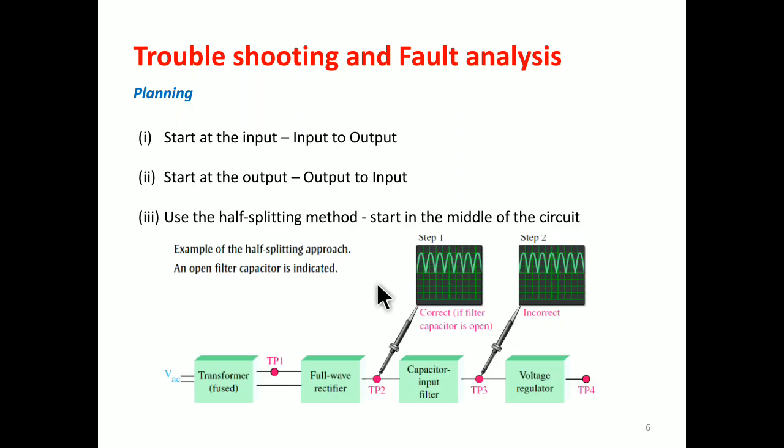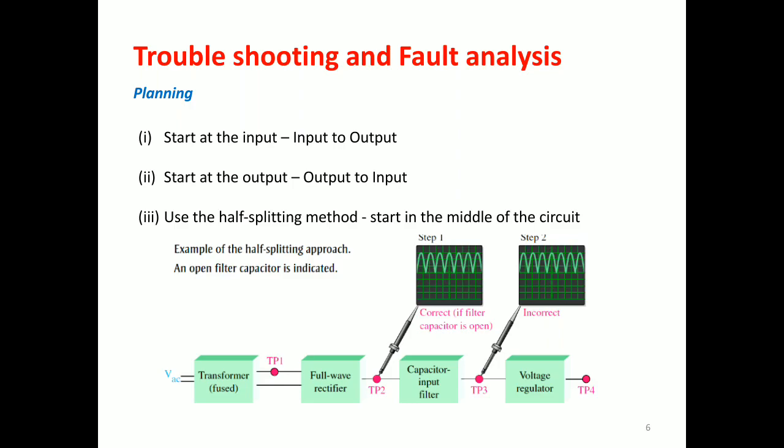Start at the input from the transformer secondary, where there is a known input voltage, and work toward the output until you get an incorrect measurement. When you find no voltage or an incorrect voltage, you have narrowed the problem to the part of the circuit between the last test point where the voltage was good and the present test point.